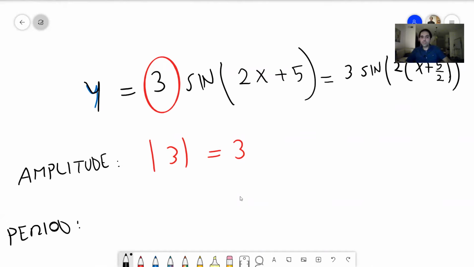So you see, usually the period would be 2 pi. But because we're multiplying it by 2, it's kind of like the last example where the zeros become much smaller. So here the period is actually 2 pi divided by whatever number you have here. So in this case, 2 pi divided by 2, which is pi.